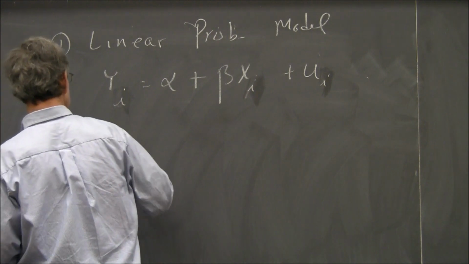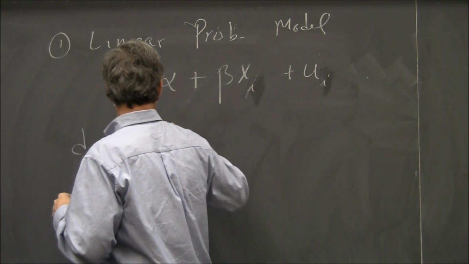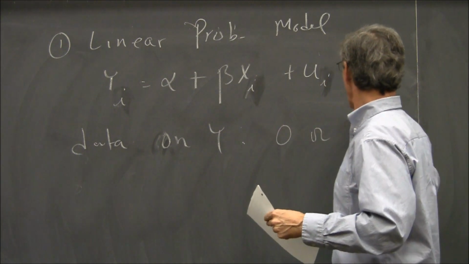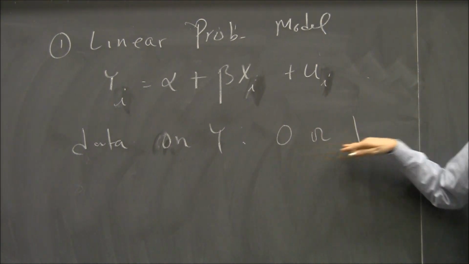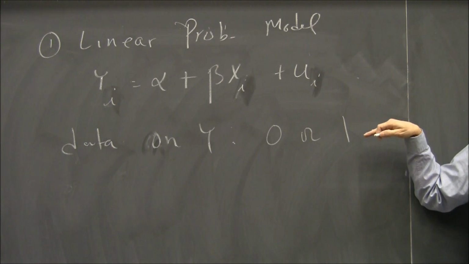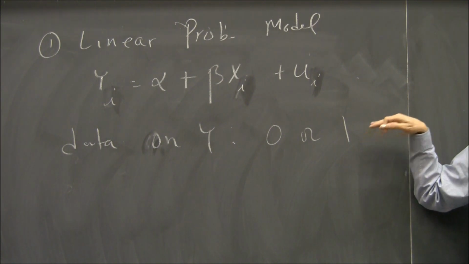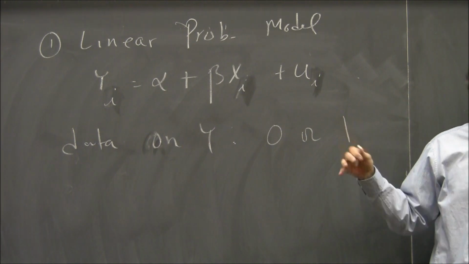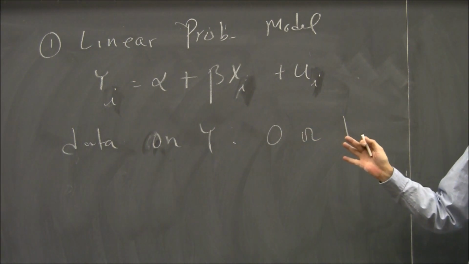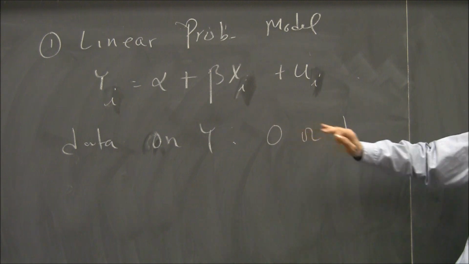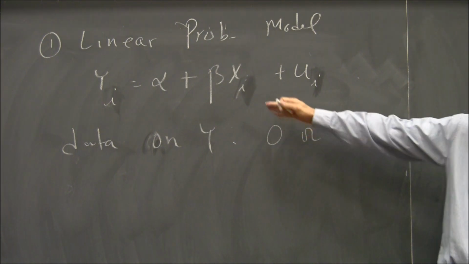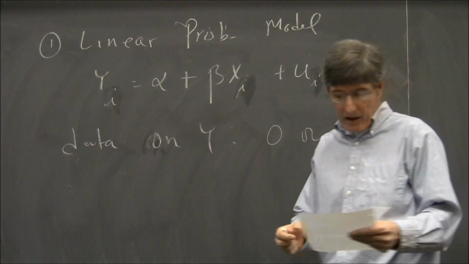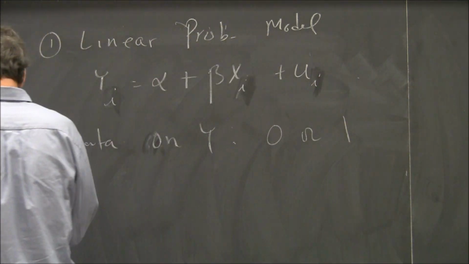So the data on y is 0 or 1. So in these kinds of problems, yes or no, did or didn't. Whatever you're measuring the probability of, voted yes, voted no, for or against. Voted for the candidate, against the candidate. Bought the good, didn't buy the good. So the data on y is just this. Your x's are the normal sorts of things like income and whatever other characteristics you might think matter.